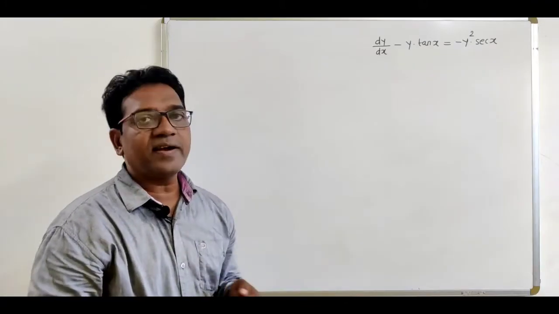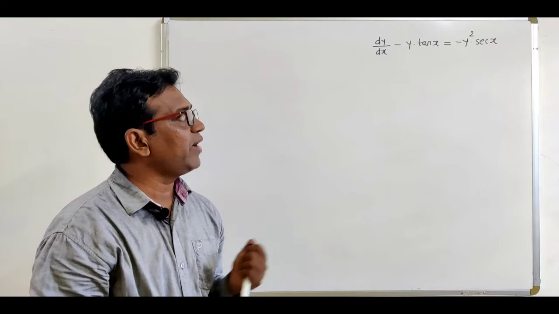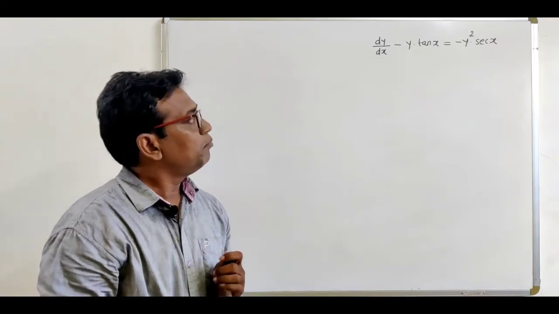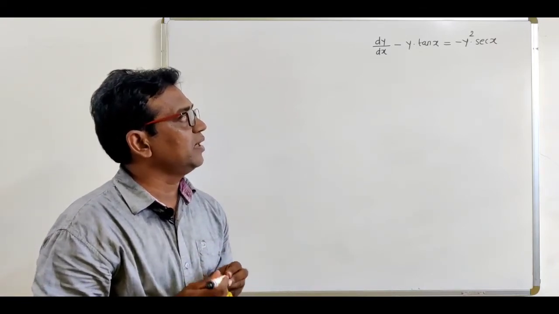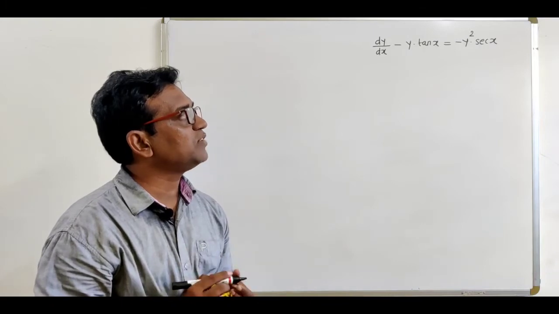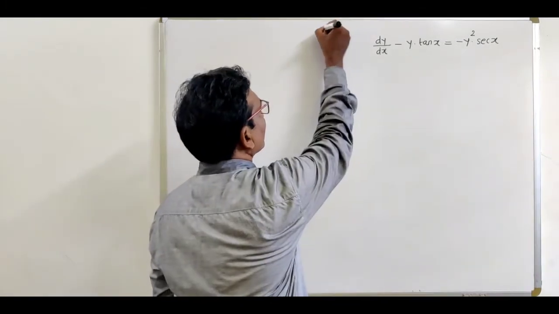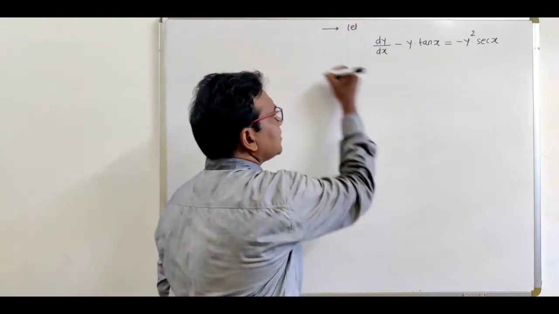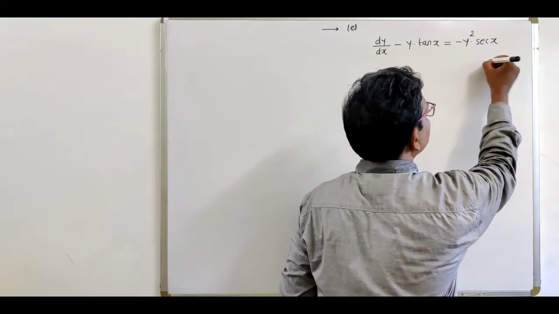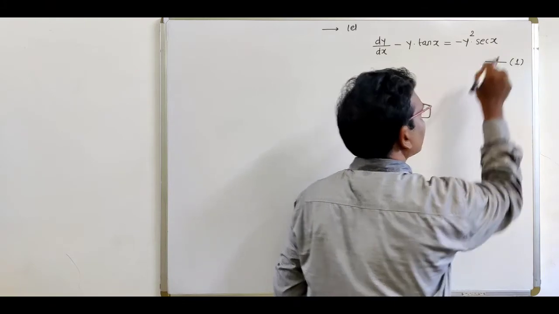Now let us solve this second example. dy by dx minus y into tan x equal to minus y square into sec x. Now suppose this is our given differential equation, equation number 1.